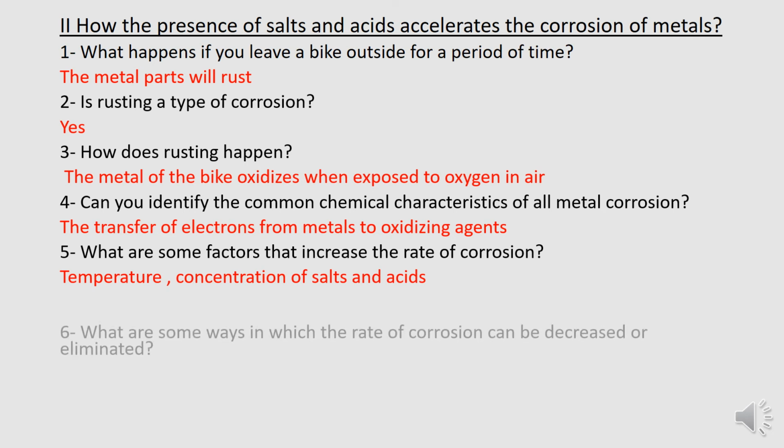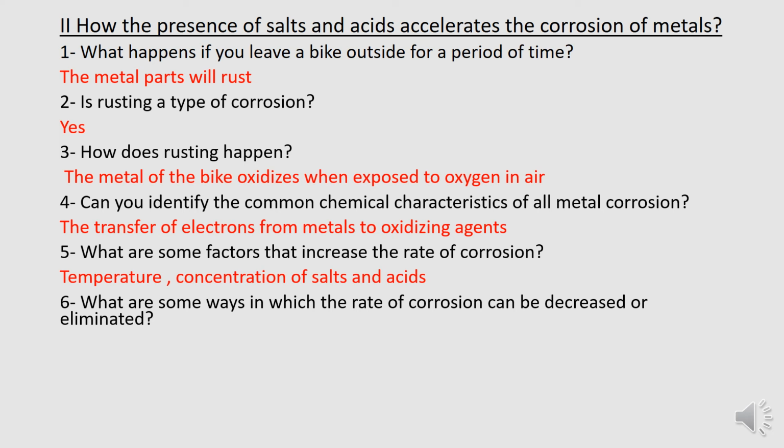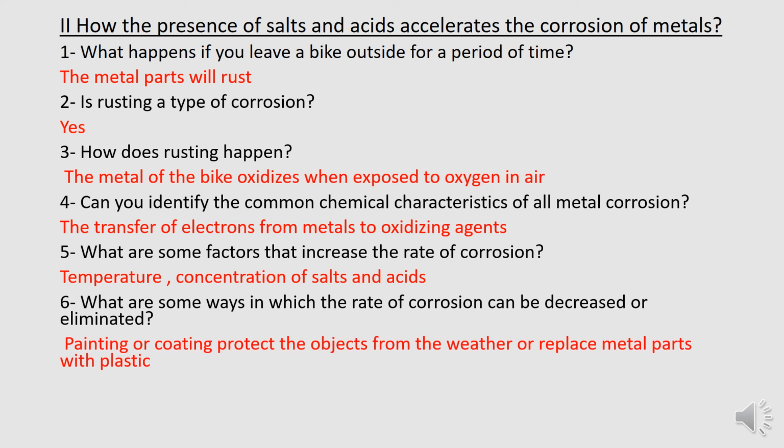The last question, what are some ways in which the rate of corrosion can be decreased or eliminated? These ways will be painting or coating, protecting the objects from the weather, or replacing metal parts with plastic.